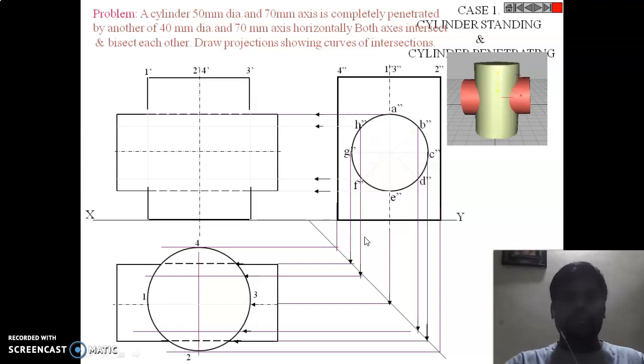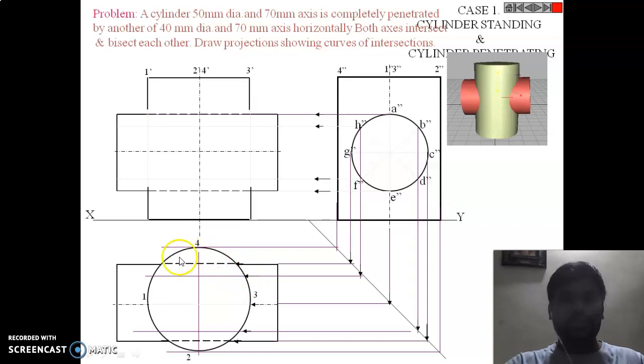Now what is happening here? What we need to see here is that this cylinder, the standing cylinder, is being cut, isn't it? It is being penetrated, in the sense that it is being cut by this horizontal cylinder. So what are the lines where this horizontal cylinder is cutting with respect to the vertical?